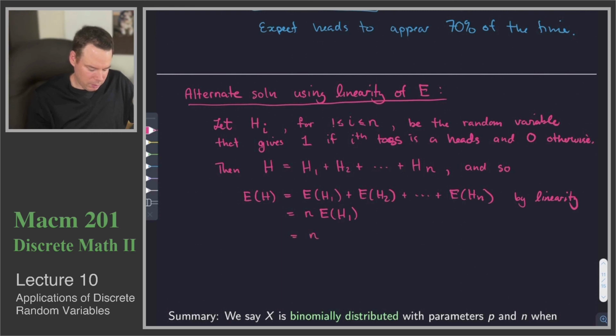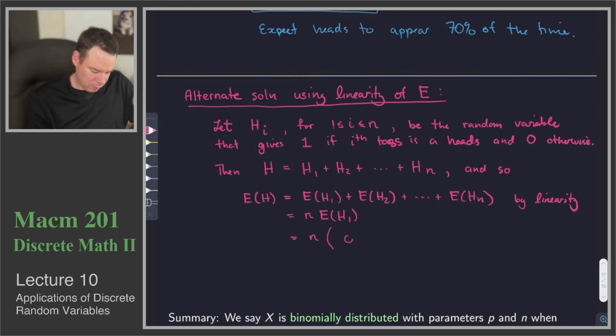Well, now we can say h1 has range 0 or 1. So we'll just work out the value of it using the formula. It's 0 times the probability that h1 is 0 plus 1 times the probability that h1 is 1.